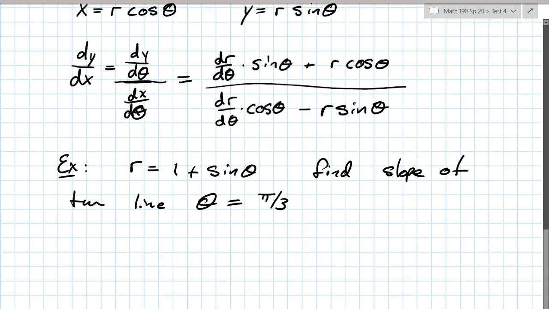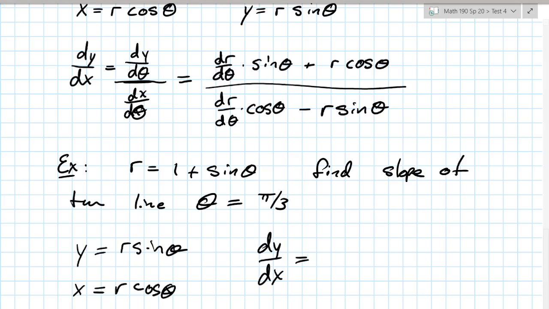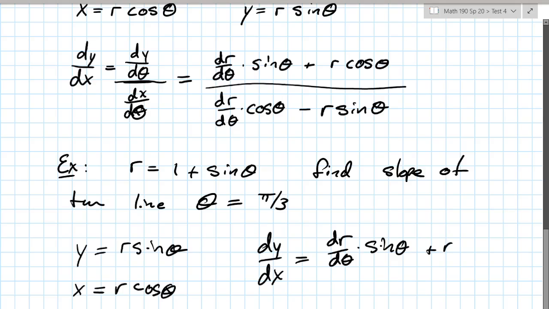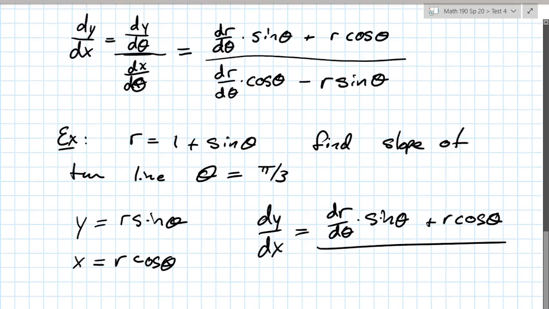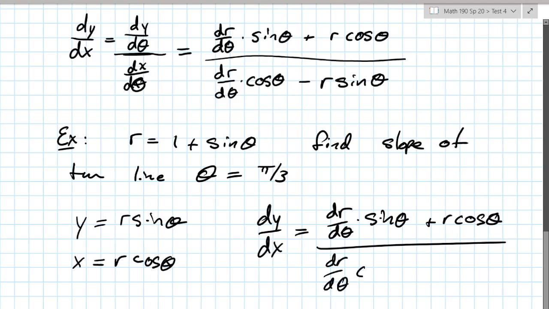So we need y and our x. We already have y equals r sine theta and x equals r cosine theta, and we already have dy/dx equals dr/d theta times the sine of theta plus r cosine theta over dr/d theta cosine theta minus r sine theta from above.